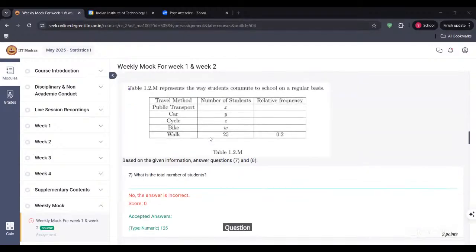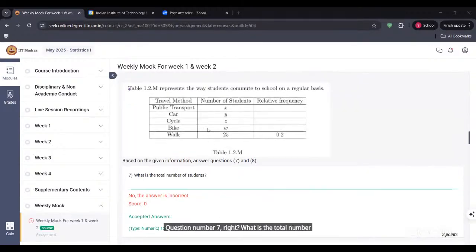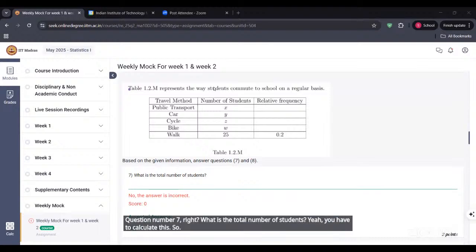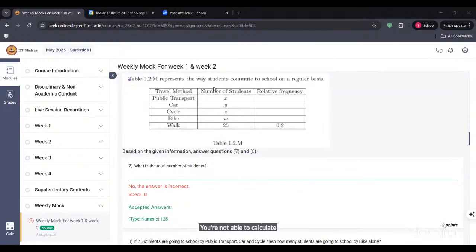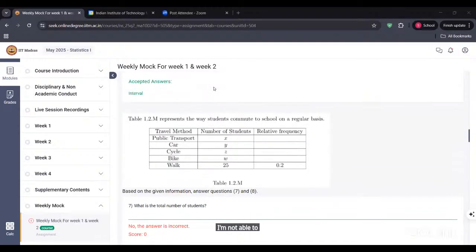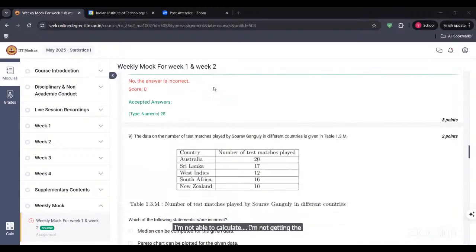Question number 7, right? What is the total number of students? You have to calculate this. You're not able to calculate it? I'm not getting the clue how to calculate.